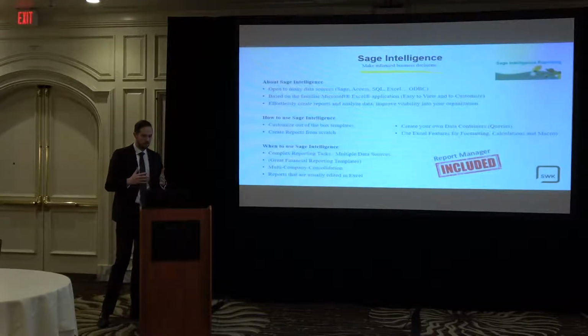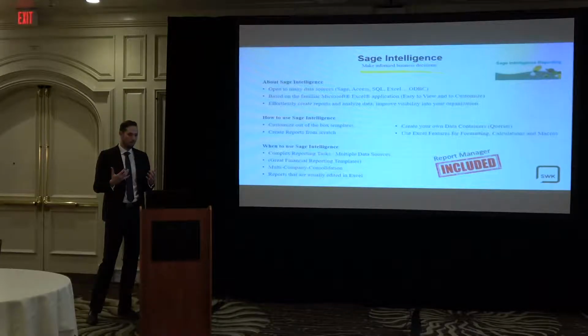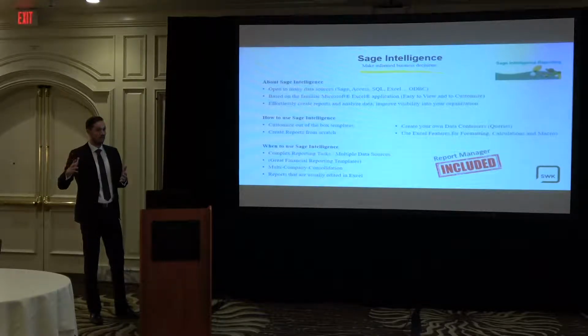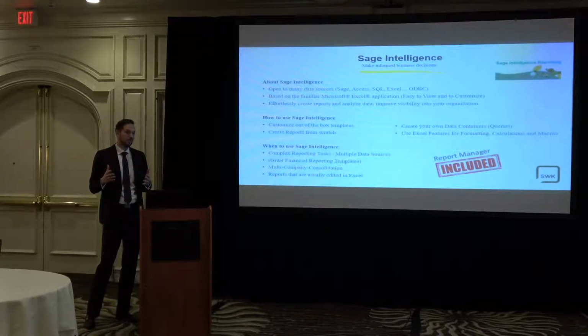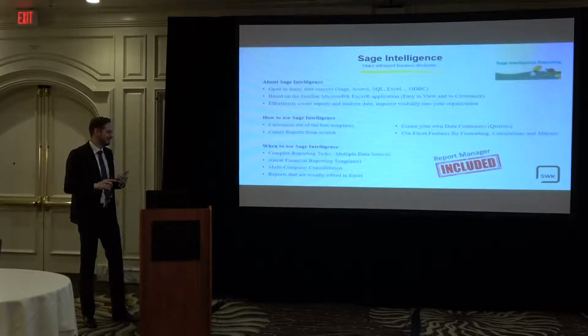today. So what is Sage Intelligence? Sage Intelligence is a reporting tool that is open to not only Sage 100, but to a lot of other data sources. So it can connect into a variety of ODBC-enabled applications. This could be Access databases.